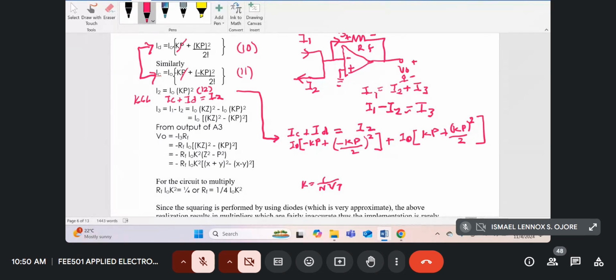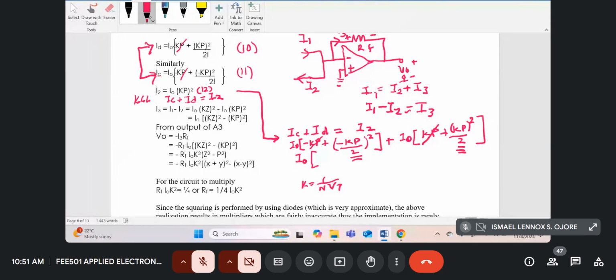So if you take I naught to be common, this Kp will cancel this Kp. And in the first square bracket, minus Kp squared is just the same as positive Kp squared. So you get this positive Kp squared here and another positive Kp squared over here. So if you add them, you get twice Kp squared.